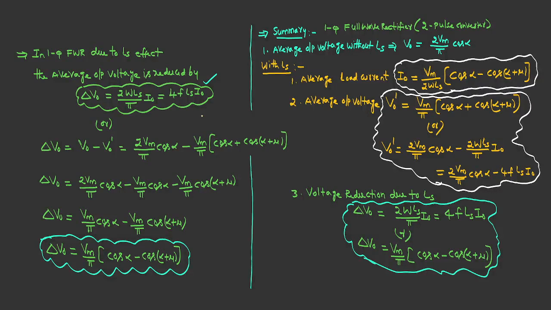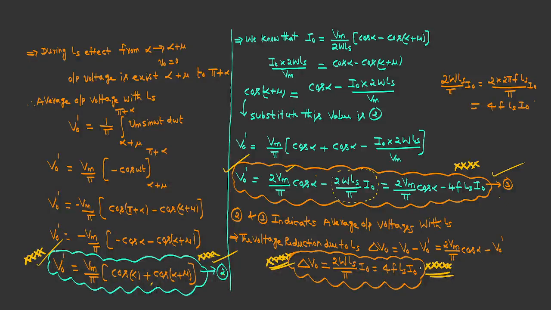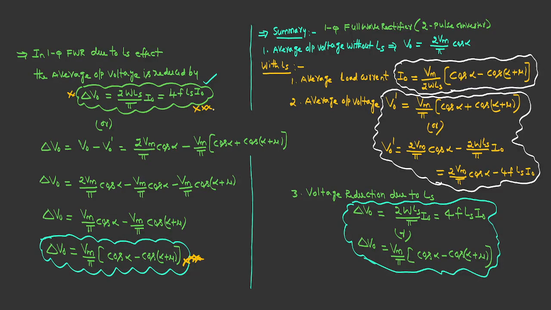Next, this is the reduction of average output voltage due to source inductance effect. This delta V naught is also written like this. You have to remember these formulas also. This is relation 4, and this is relation 5.